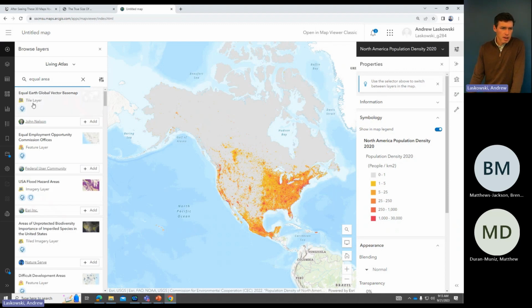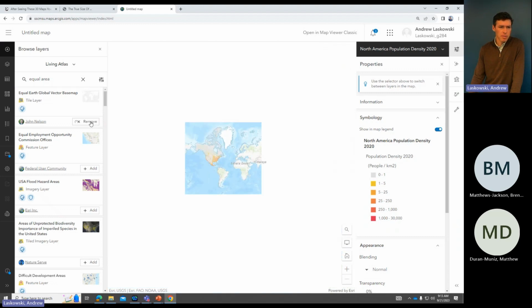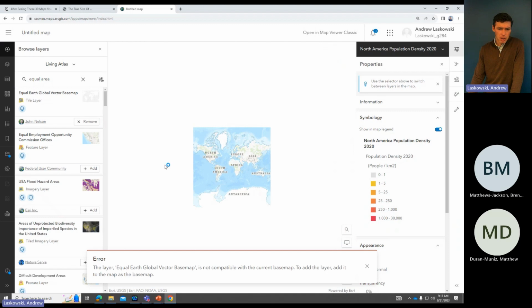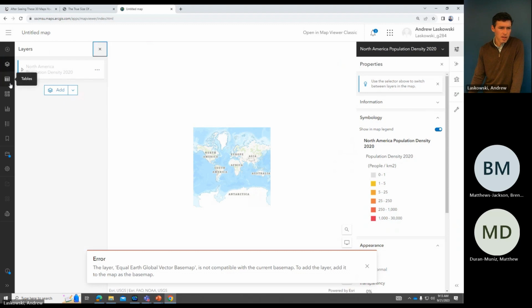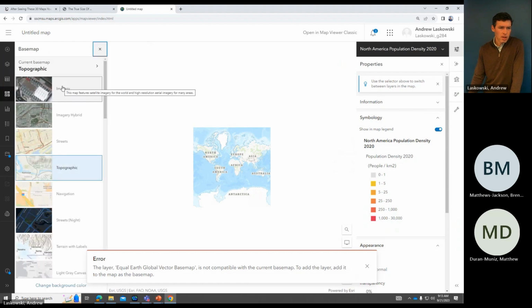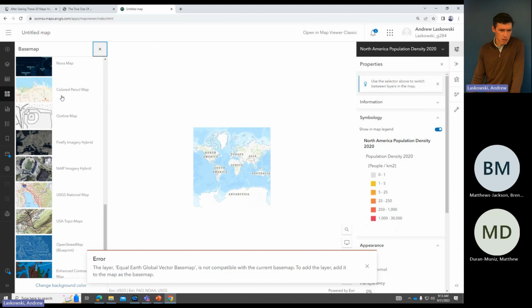And you can find a tile layer here from a cartographer named John Nelson, the chief of cartography at Esri, who has a whole YouTube channel and everything. If you add that base map, it should appear in your list of base maps.